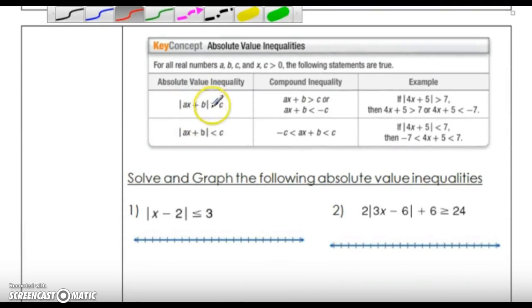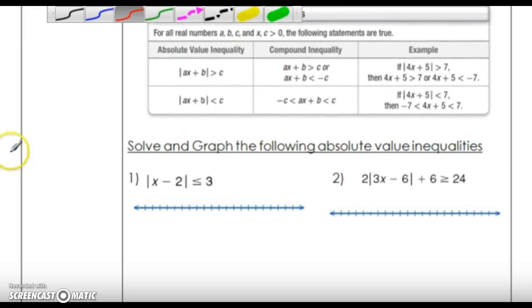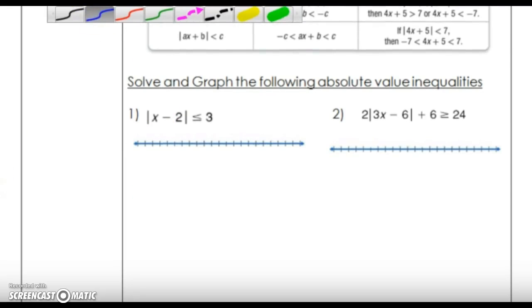So for absolute value less than or equal to, we just set up our two inequalities here. Now remember, absolute value has 2 answers, because we have to represent that left side and that right side. So we set up where x minus 2 is less than or equal to 3, and then we set up x minus 2 is, we flip our sign, greater than or equal to, and then we make it negative.